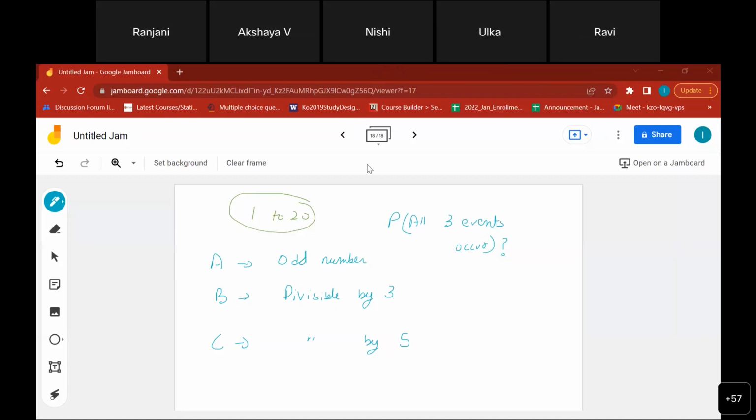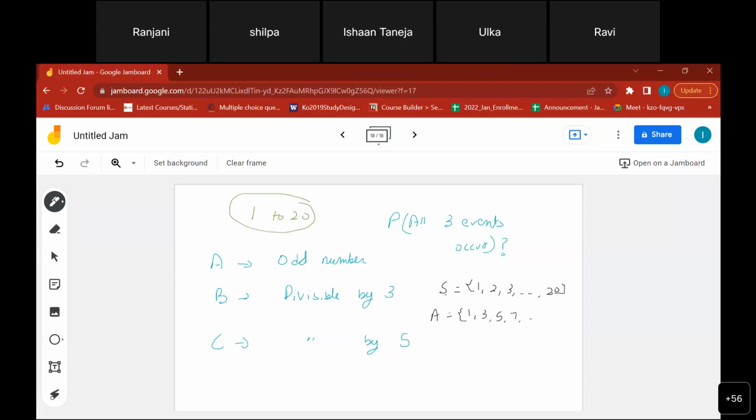Okay. So how did you guys approach this question? Firstly, what is your sample space? It's all numbers from 1 to 20, right? What all numbers are in A? 1, 3, 5, 7, and so on till 19.